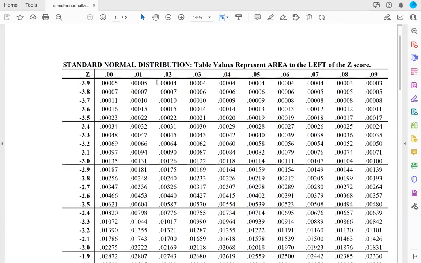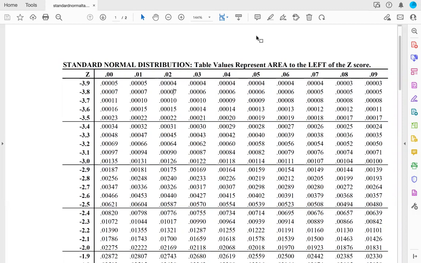Before that, let me introduce you to the standard normal distribution table. The first row and first column are for the z-score. And in the middle, this part is actually the probability, or the shaded area, of the standard normal distribution.